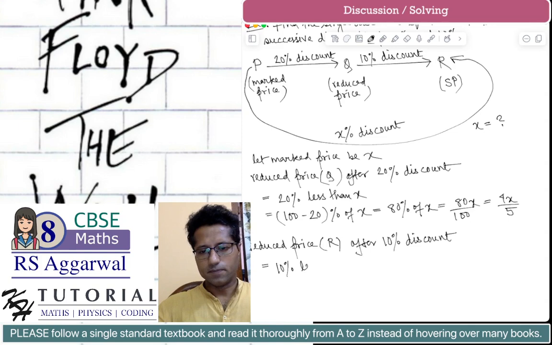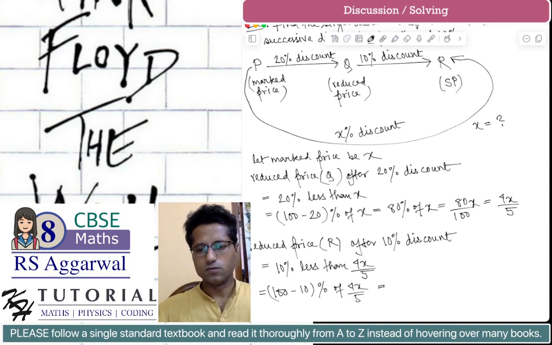So it will be 10% less than 4X by 5, which is equal to 100 minus 10% of 4X by 5, which is equal to 90% of 4X by 5, which is equal to 90 by 100 multiplied by 4X by 5.